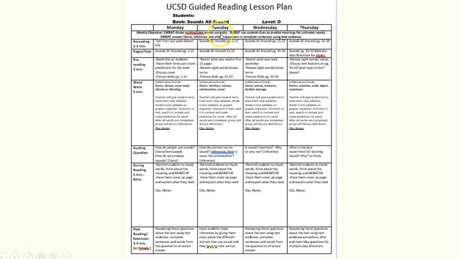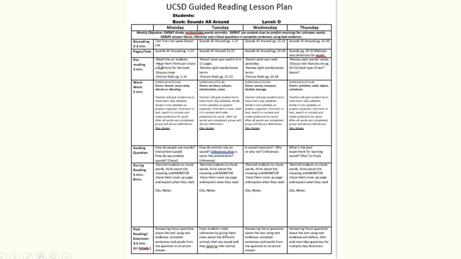Basically decoding multisyllabic words, using context clues to predict meanings for unknown words, so vocabulary building, and then answering literal, inference, and critical questions. That's kind of a lot to work on in 1 week. Most of these post-reading extensions are literal questions, so I think it might have been better to just focus on literal questions. But you can see again, they're doing rereading from a familiar text.